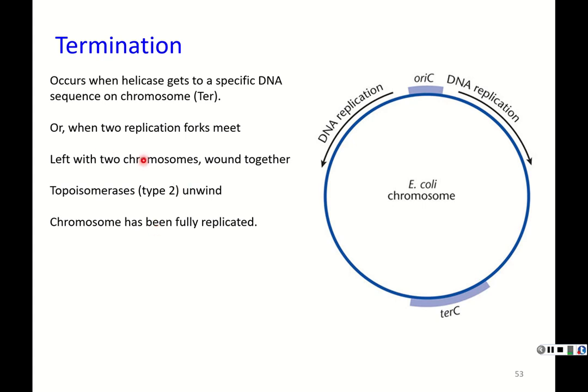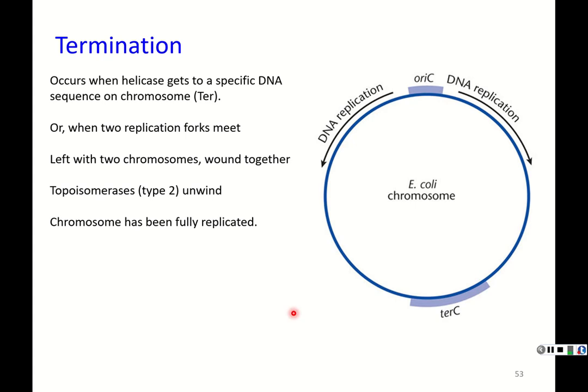So when that happens, you're going to be left with two chromosomes that are wound together. If we're thinking about bacterial chromosomes being replicated, you're going to have two circles of DNA, and they're going to be tied together. So that's another spot where your topoisomerase is used to unwind and detach these two from each other.